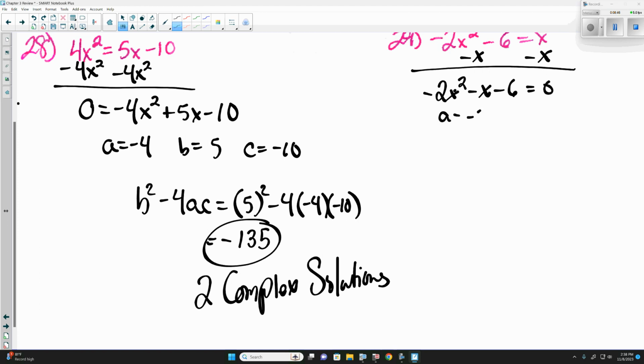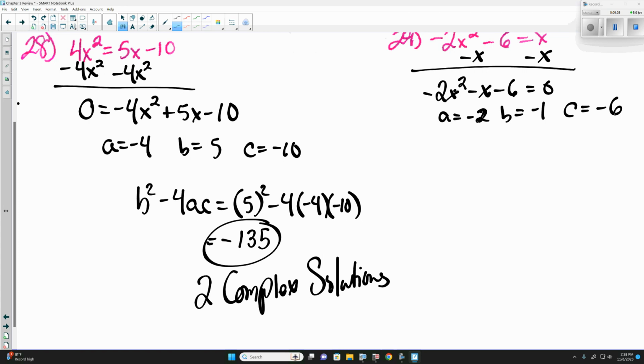So a is -2, c is 0, b is -1. Wait, why -1? Because it's the equation equal to 0. Well, the starting equation was equal to x, so we have to move it over to get it equal to 0.